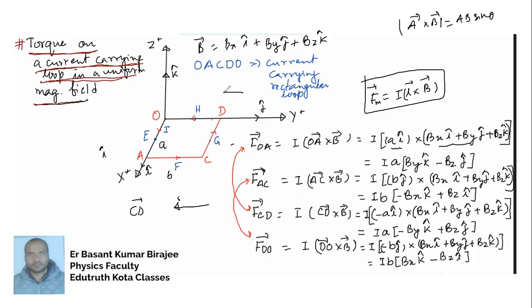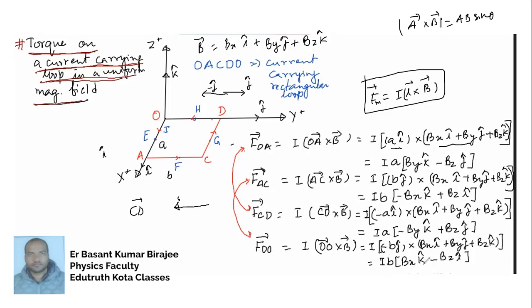So if you have a unit vector j cap in this direction, we'll have a unit vector minus j cap in the opposite direction. So we can write the DO vector as the magnitude of its length, that is B, and the unit vector in this direction, minus j cap. And this is your magnetic field. Now you will just take the cross product of these two vectors, and we get this much.